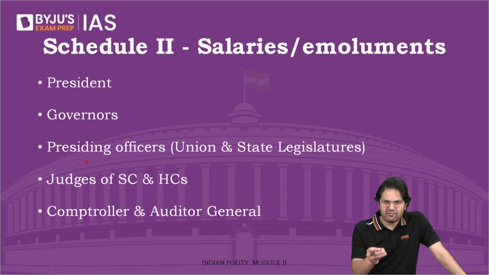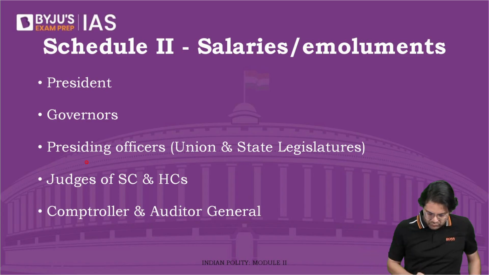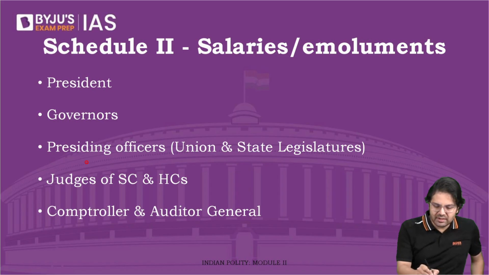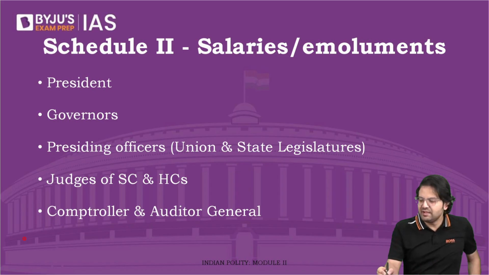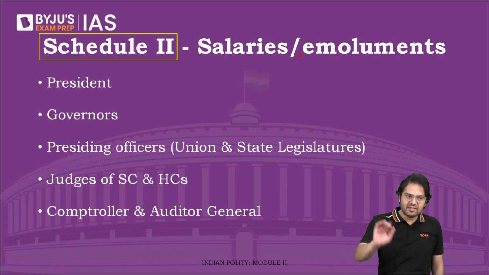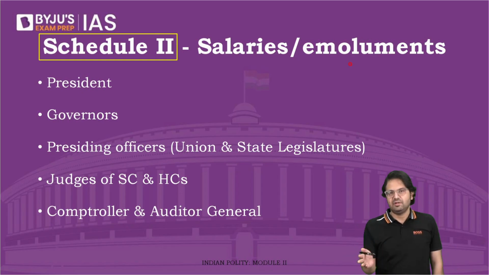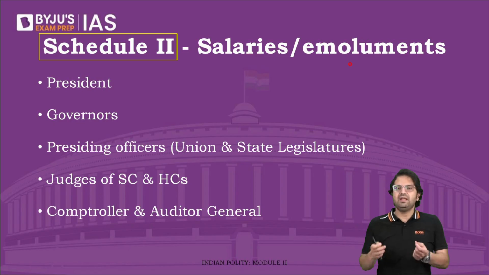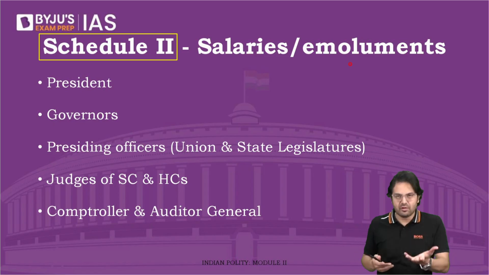Now the time has come for one more schedule, that is Schedule 2. Schedule 2 contains the salaries or emoluments. Before you ask, emolument means salary only. They are synonyms. Emolument basically means any money you get in return for some work you perform.